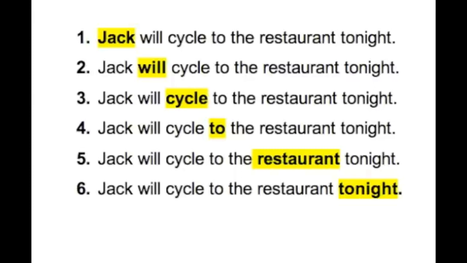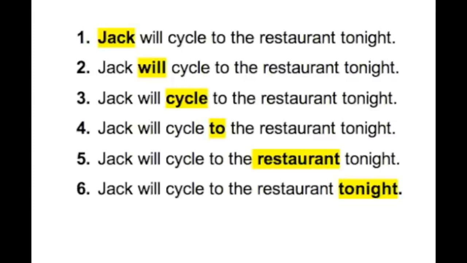Sentence number 1. Jack will cycle to the restaurant tonight. The word Jack here had the most melody. It sounds funny like that, but you can still hear where the stress is in the sentence.